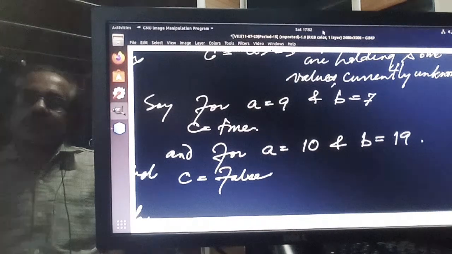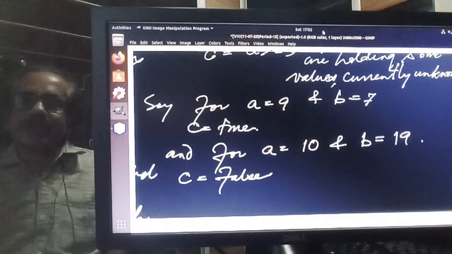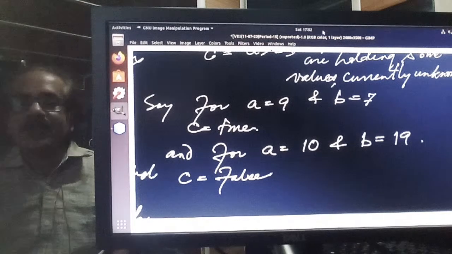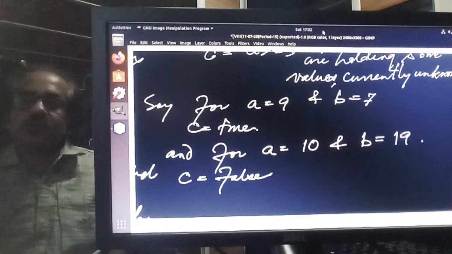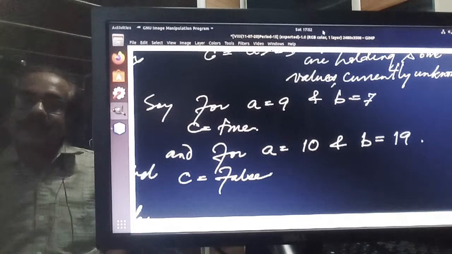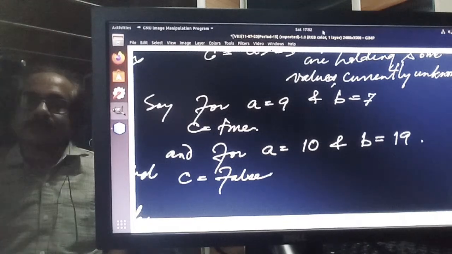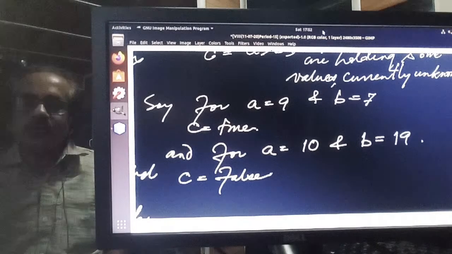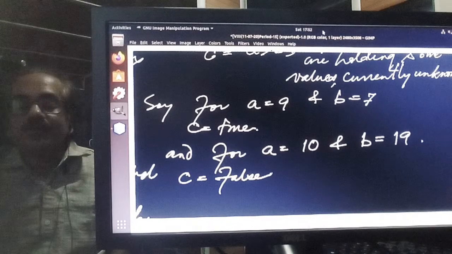So on the whole, there are three aspects, three situations of comparison: comparison for greater, comparison for less, and comparison for equality. And the result of these comparisons is true or false.